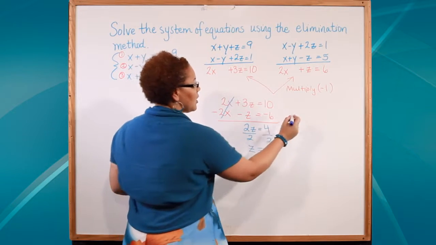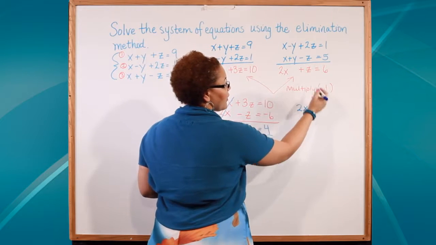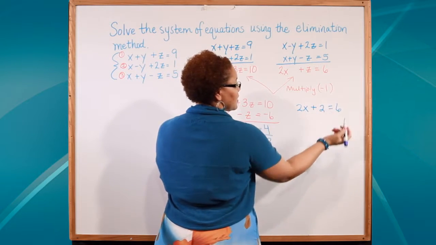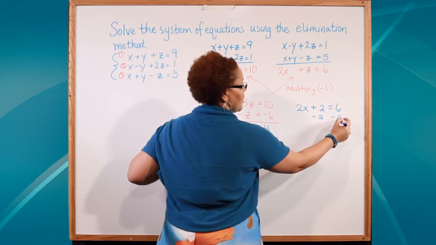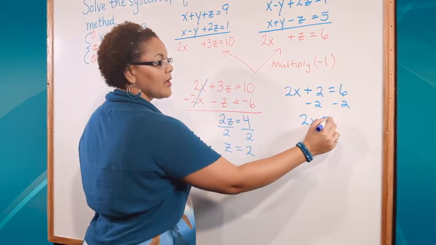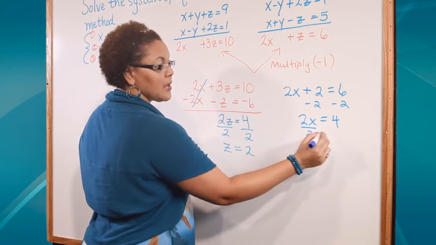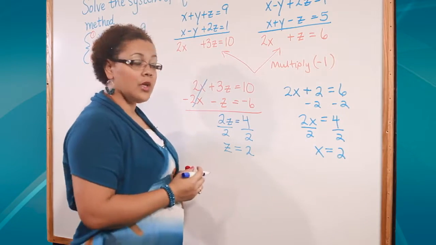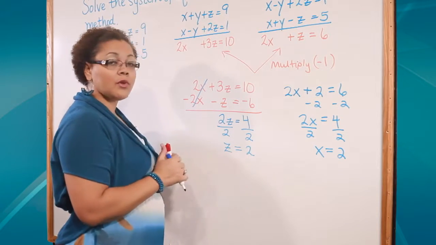So we'll take 2x, and where there's a z, I'm going to insert the 2 that we found, equals 6. Subtracting 2 from each side, 2x equals 4. Divide both sides by 2, and we find that x is also 2. So we have solved for 2 of the 3 variables.